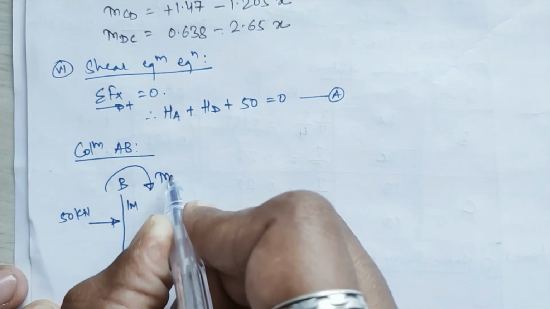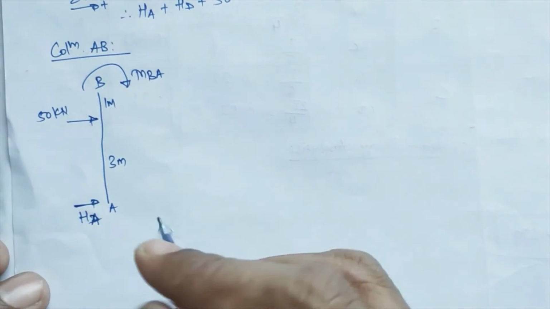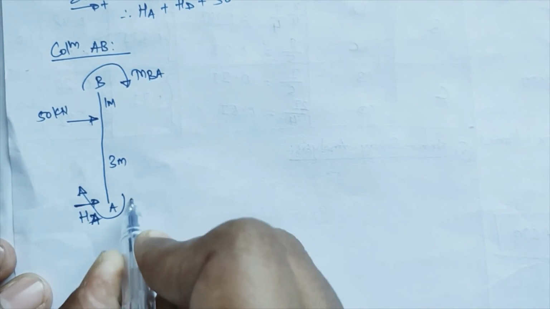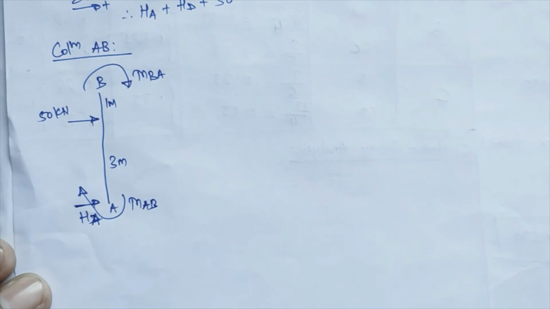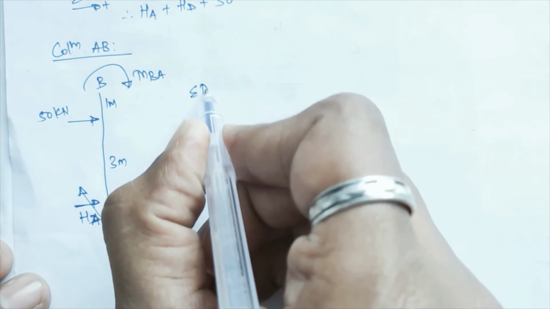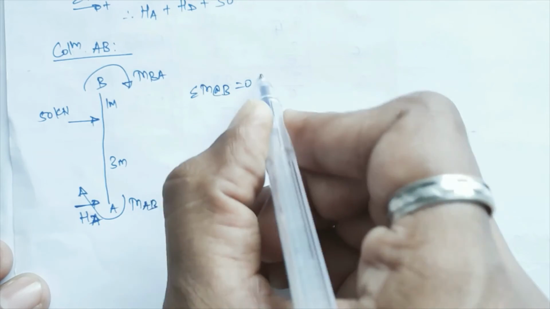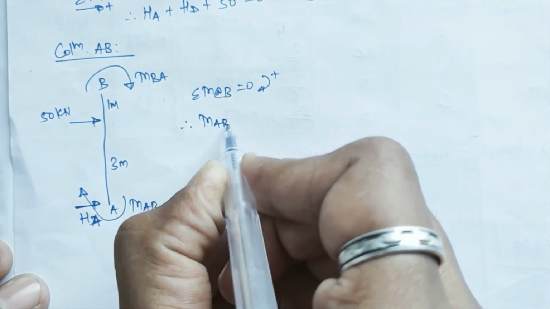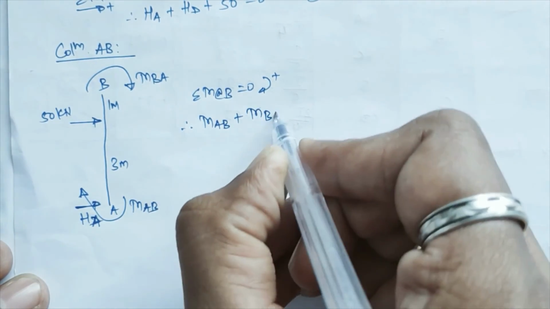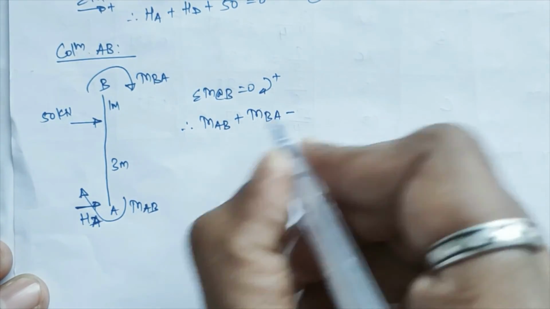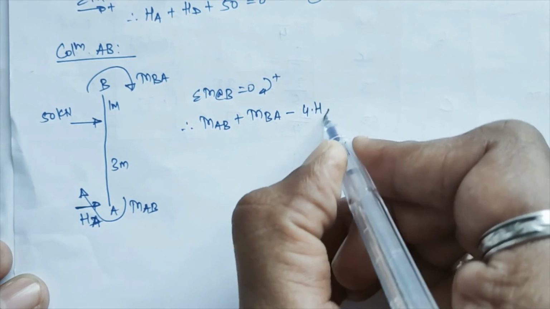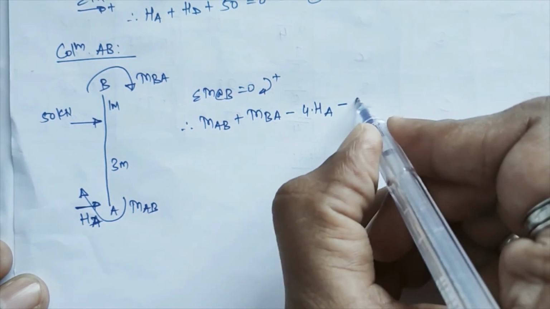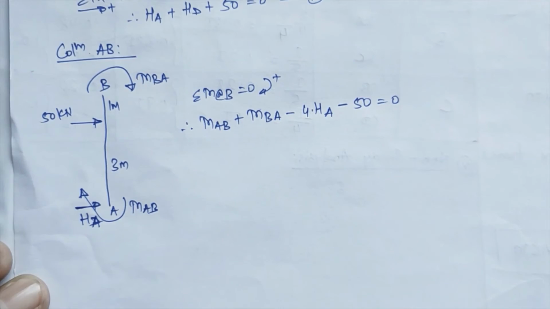Initially I assume that my final moment at B is MBA and the final moment at A is MAB. I have to find out the value of HA. So using the equation summation of moment at B equal to 0, treating clockwise moments as positive, I get MAB plus MBA minus 4 times HA minus 50 equal to 0.